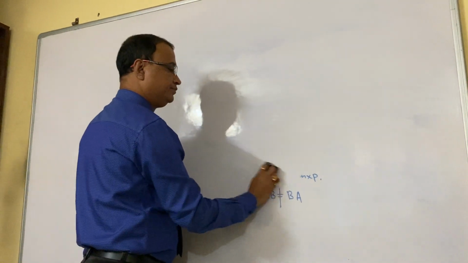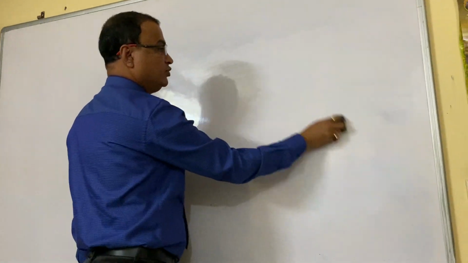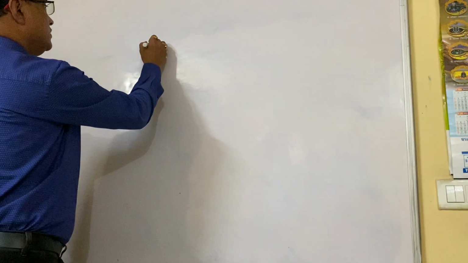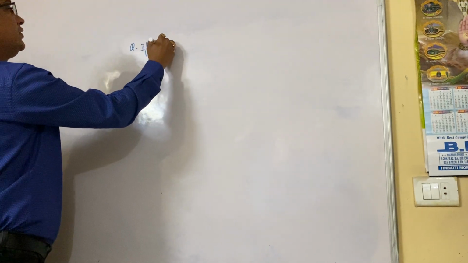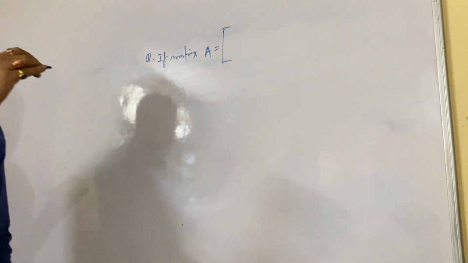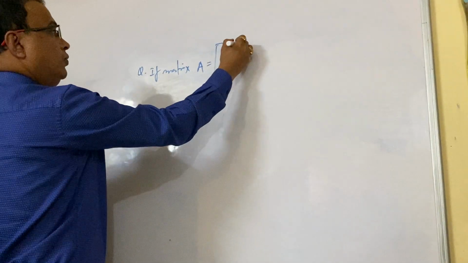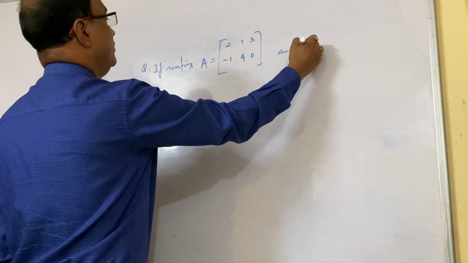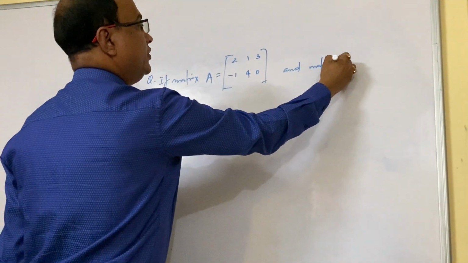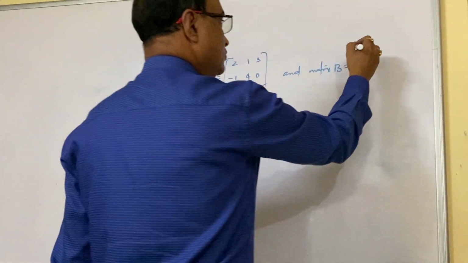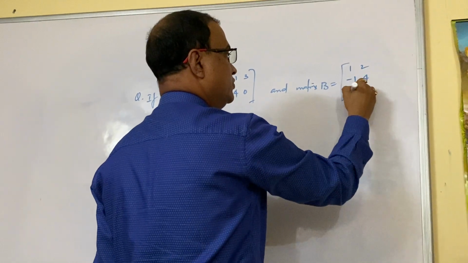So take one sum, so that you will learn how to multiply. Suppose matrix A is 2, 1, 3, minus 1, 4, 0, and matrix B is 1, 2, minus 1, 4, 0, 5.